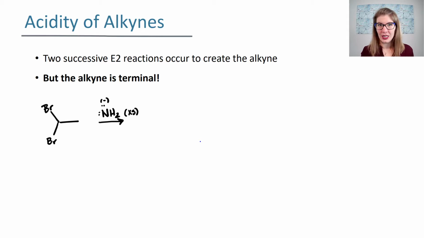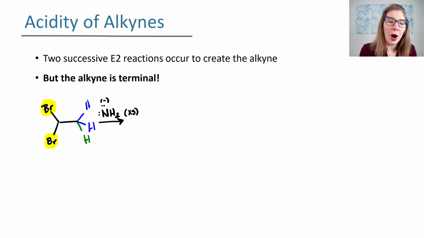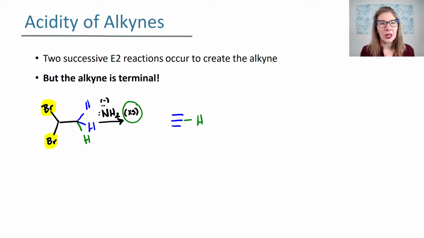Now let's look at what really is going to happen at the end. Because we have, again, two leaving groups and two beta protons that are going to get pulled off, but there's still another proton here. So what you want at the end is this. But the problem is, in the flask, you have plenty of sodium amide, and we just learned in another video that sodium amide is a strong base.